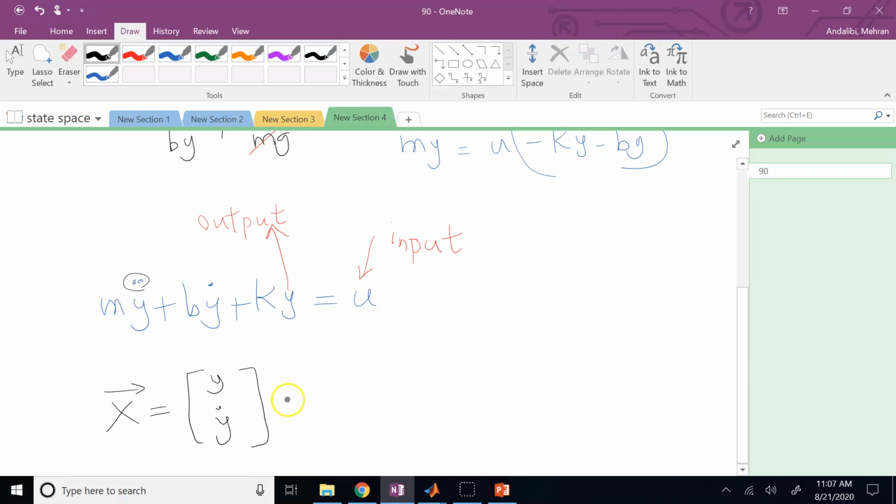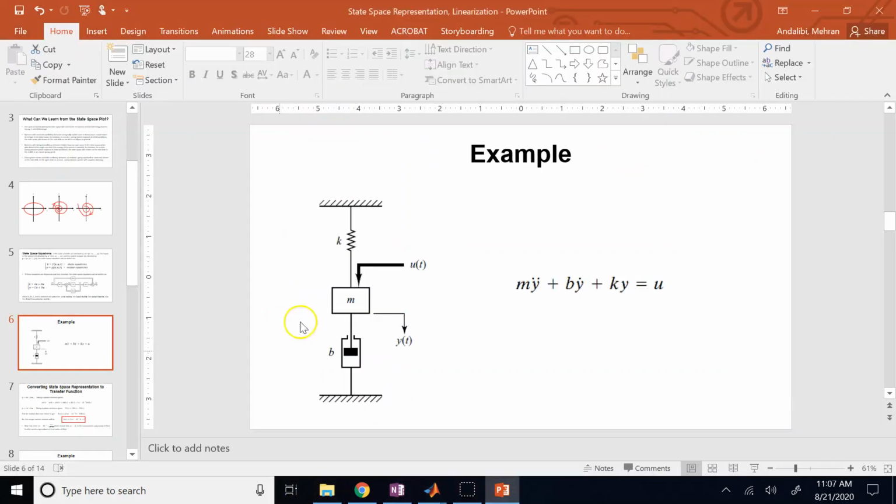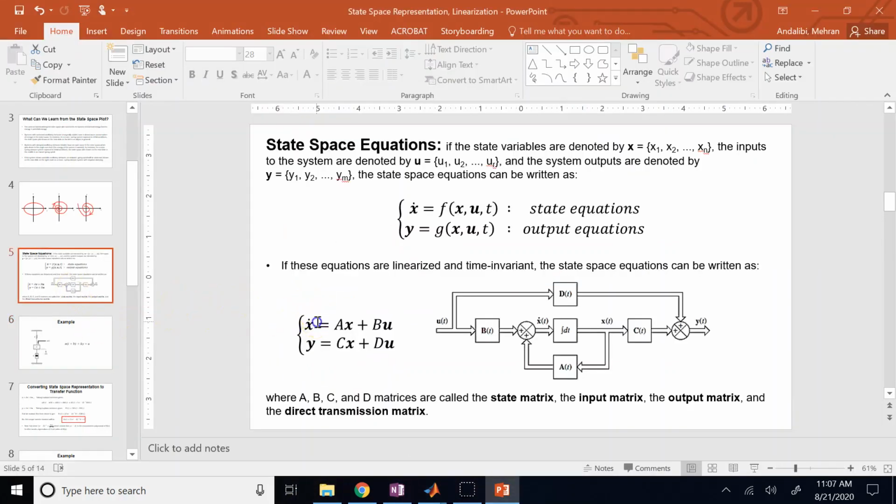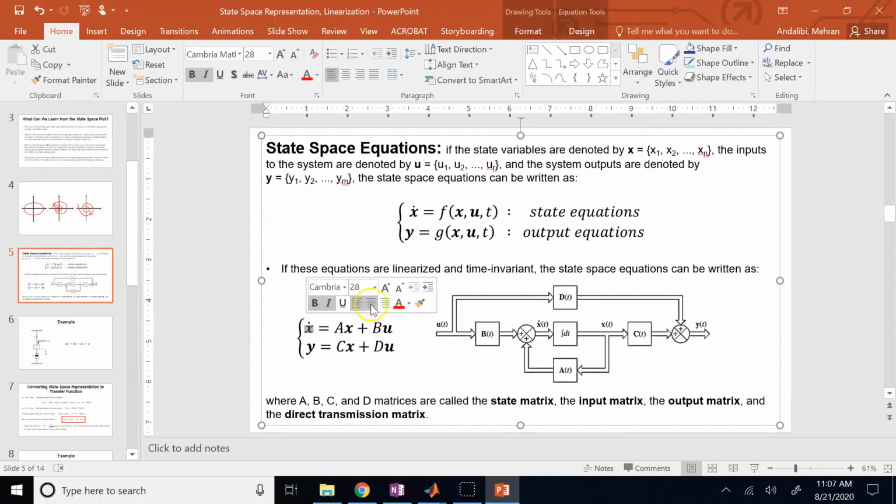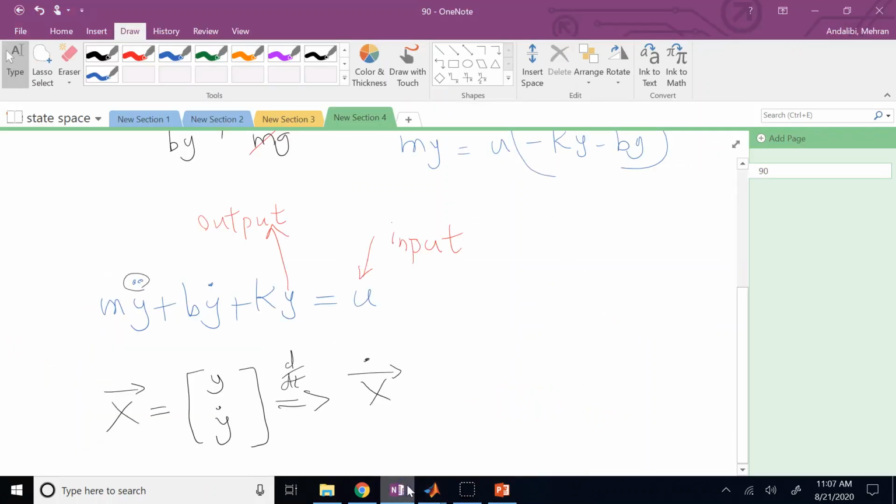Good. Now I take a time derivative because my goal is to find vector x dot. As you can see here, for the first equation, the goal is to find x dot, and x is a vector of all variables. So what is it going to be? If I take the time derivative, x dot is going to be y dot and y double dot. Is that true? Yes. So I leave y dot as is. What is y double dot?